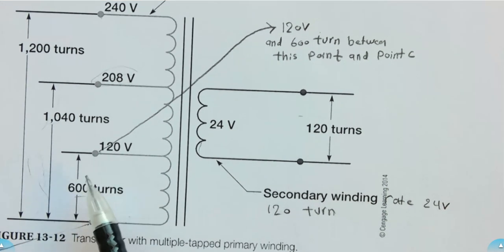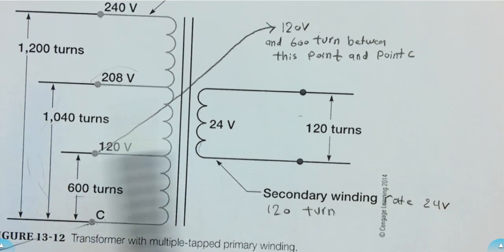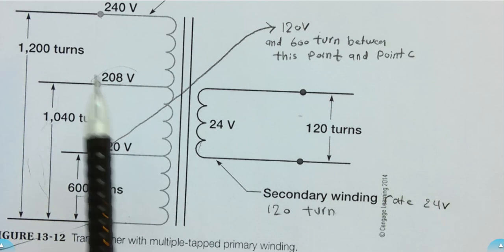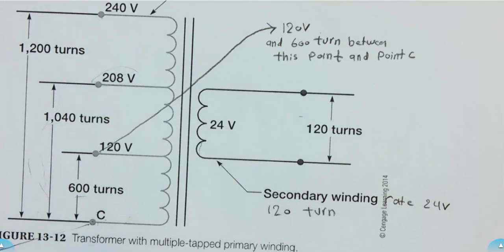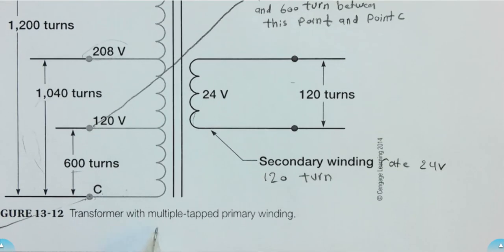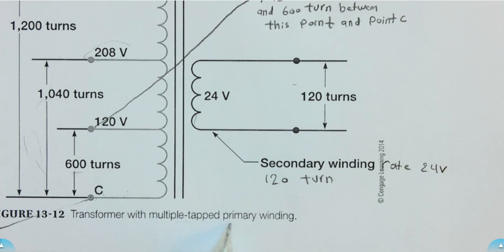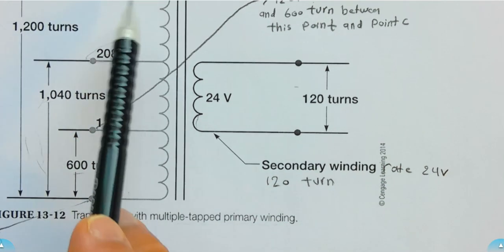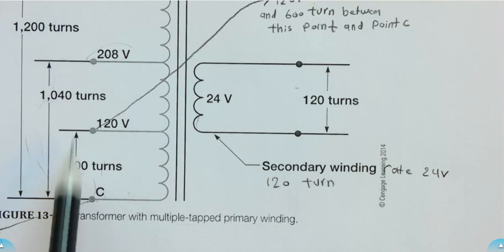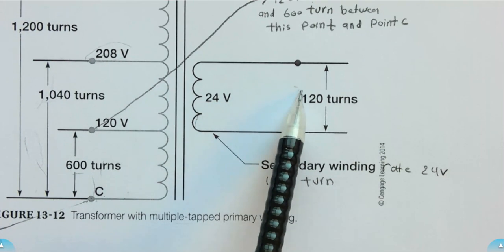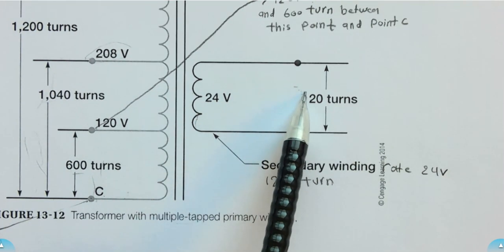This is what the figure explains. You can see the primary is a multiple tap primary winding. The secondary is fixed.